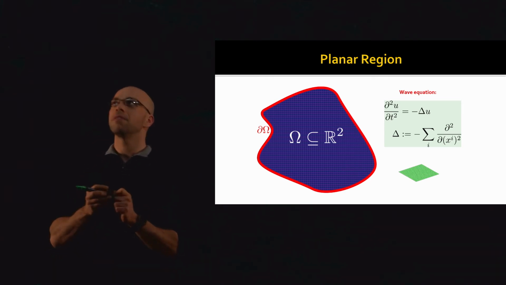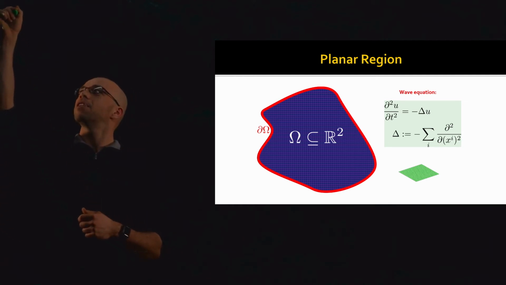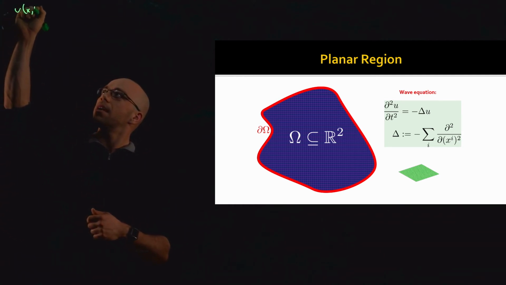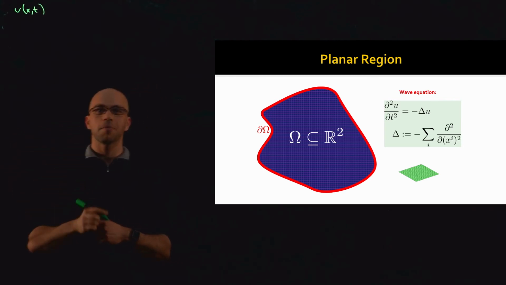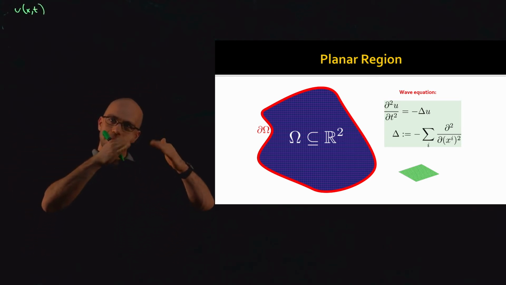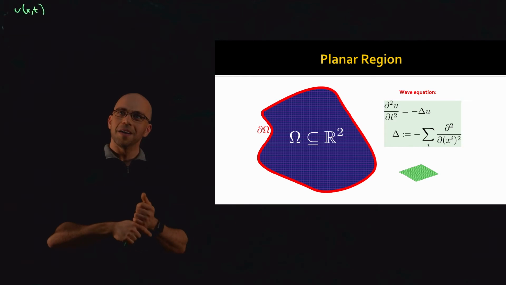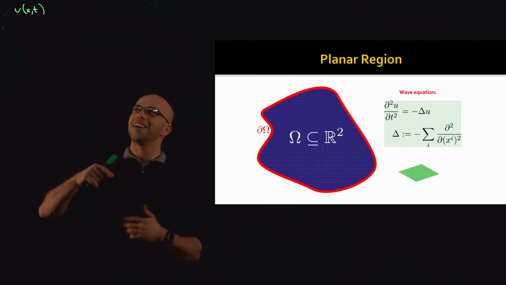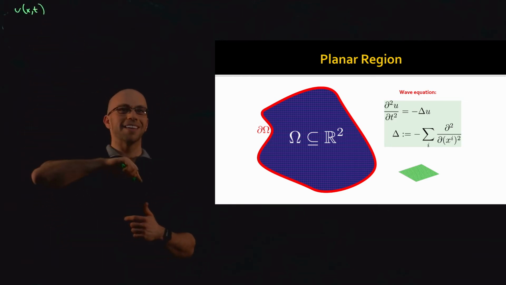Remember that I'm thinking of u as a function of both position and time, right? So I have a wave that's propagating, and here maybe position is like the displacement, and probably vertically now in the higher dimensional case, and time is time.